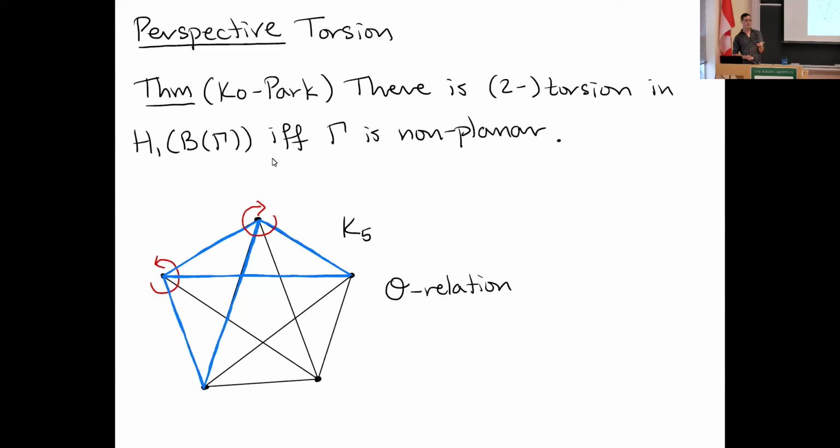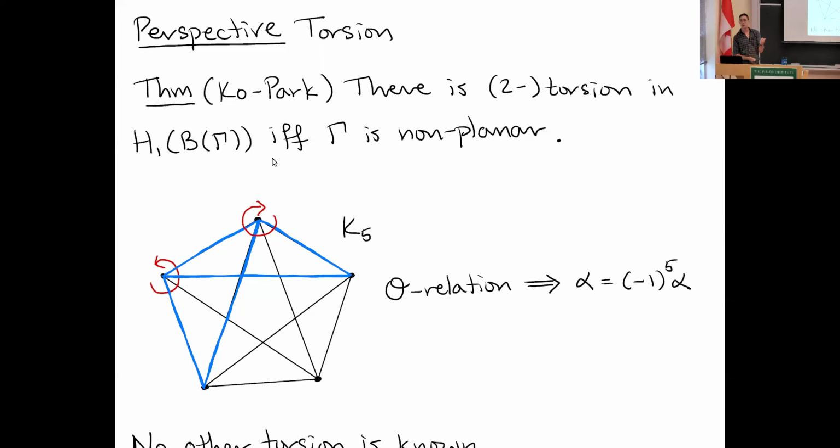If you do this all the way around K5, you end up back where you started, but with the opposite orientation, because you've done it 5 times. That tells you that alpha, this star class, must be equal to (-1)^5 times alpha. And it's not 0. You can prove that easily, and so it is 2-torsion.